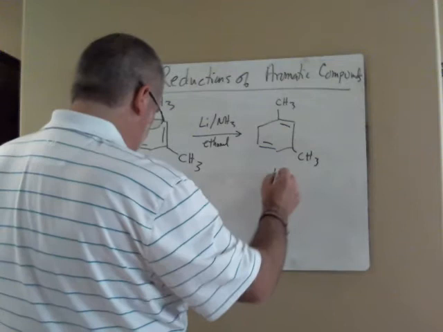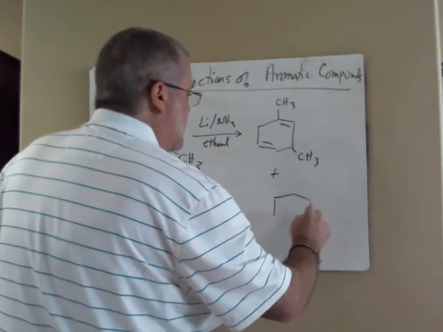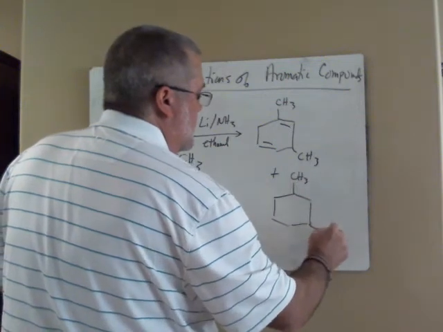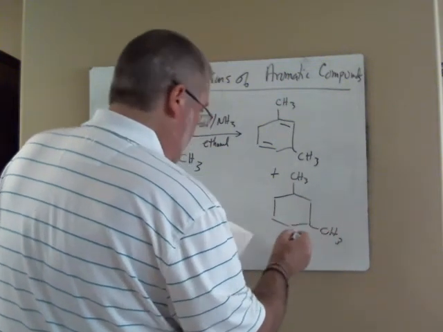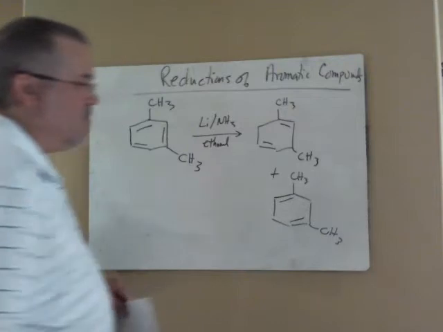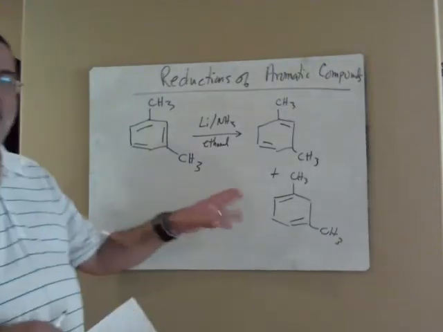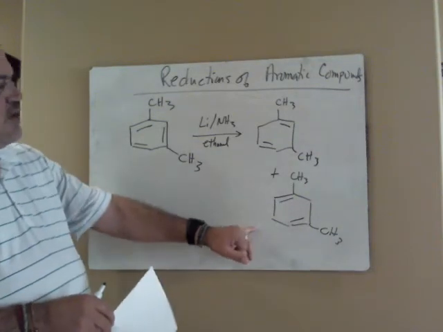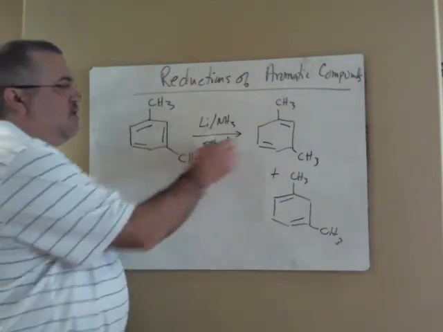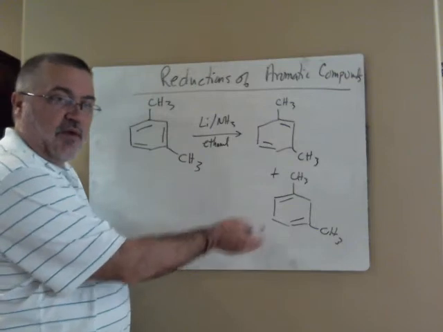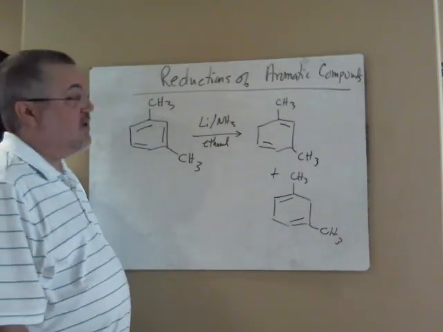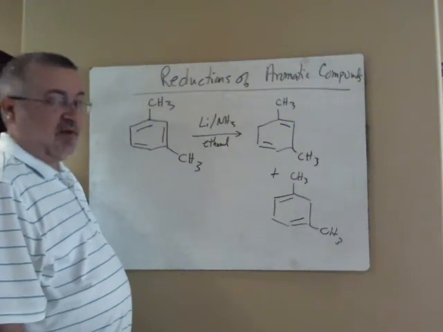Or I can get okay, and if you play with this at home, you'll see that those are the products that can form. And so the question is, if I'm getting two possible products here, what do we always think about? What is the major? And when you look at that, what's the major product?